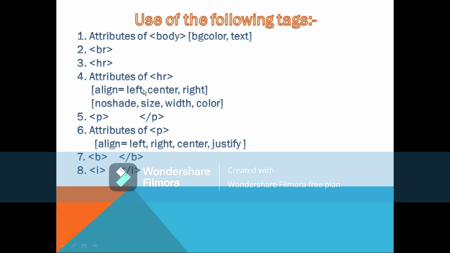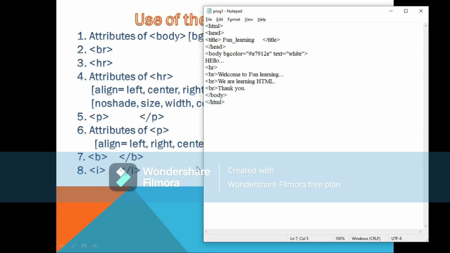It can be left, center, or right. You can also use noshade, and you can mention the size, the width, and the color also. So these are the different attributes of the HR tag. Let's come here. I've written here HR. Then I will write align.